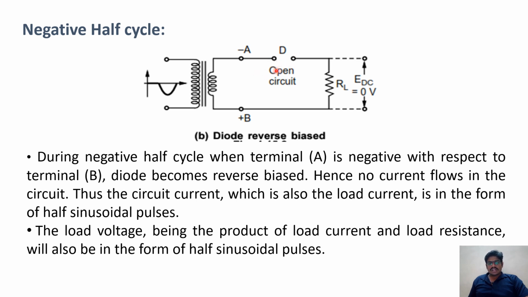There is no current across the load resistor, so the output across the load becomes zero. It blocks the negative portion from reaching the output and permits only the positive half cycle. That's why this kind of circuit is called a half wave rectifier.